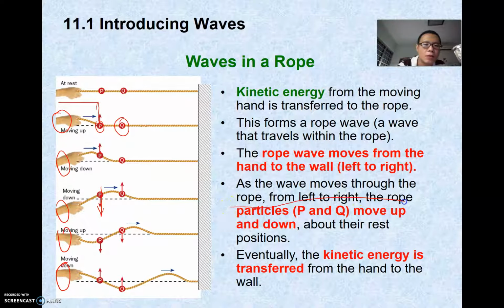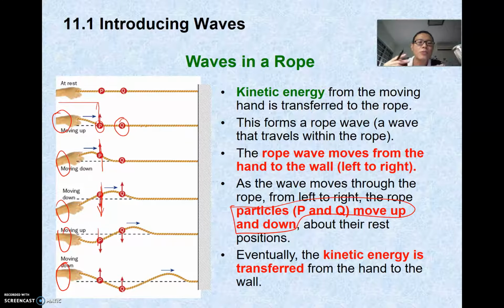If you look from far, while I continue to swing and P and Q continue to move up and down, other parts of the rope will also execute the same motion, and the whole wave will be moving from left to right. But surprisingly, if you focus on the particles themselves, P and Q will only be moving in a particular direction, which is up and down.